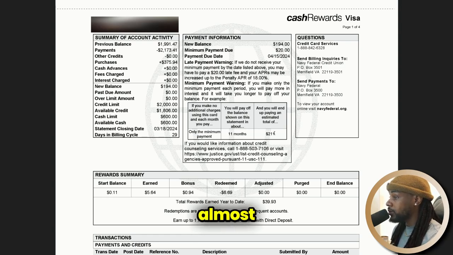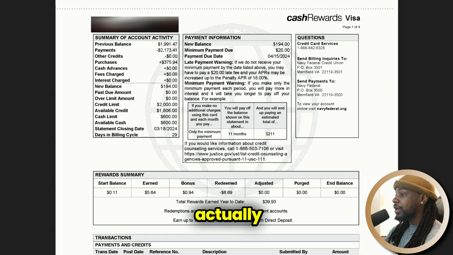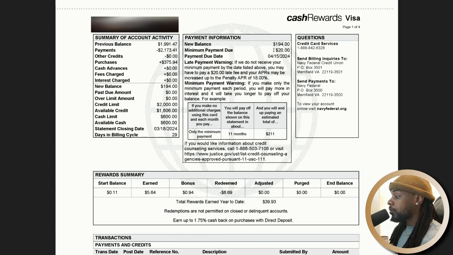So if you were only paying the minimum payment every single month on a small balance like $194, it would take you almost a year to pay it off. And not only that, you would pay over 100%, which means I would pay more than I actually had for my balance. So that's just a really small example of why you need to be cognizant of not just making minimum payments and why credit cards in particular have really, really high interest rates.